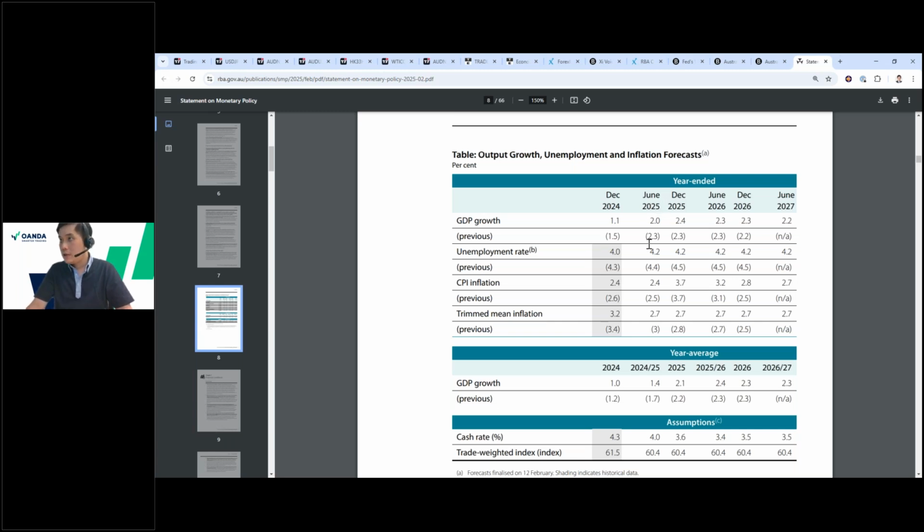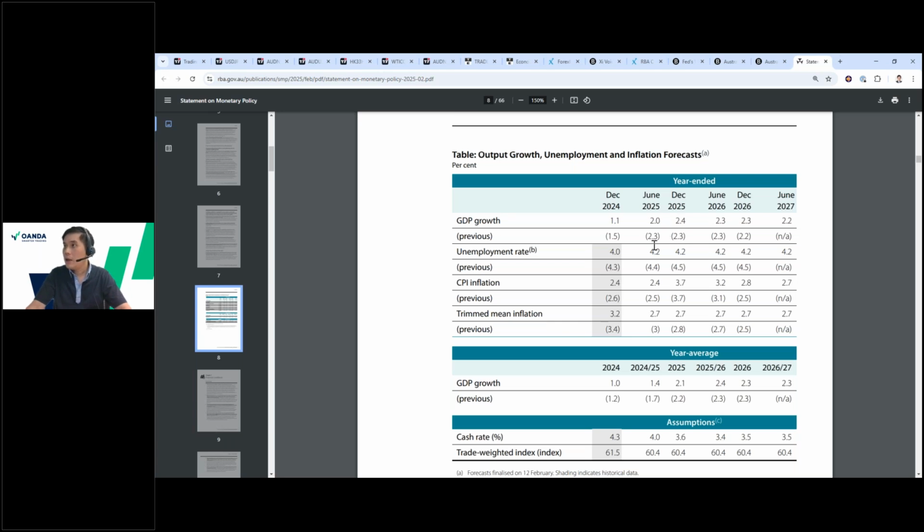Previously, the growth forecast for mid-year was 2.3%. This time round, they reduced it to 2%, which indicates a slowdown in growth, and that explains why the RBA decided to cut today. They expect growth to recover by year end to 2.4%, slightly higher than the previous forecast of 2.3%.